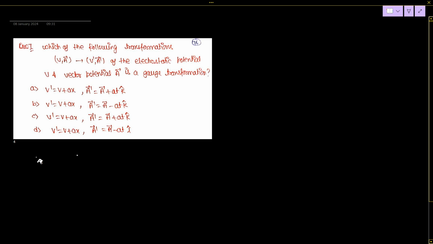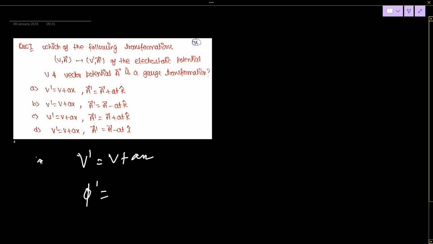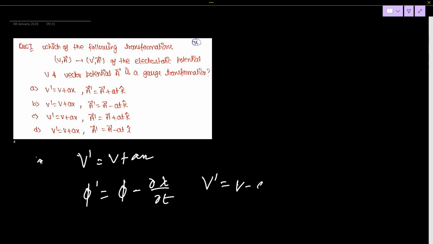So V dash is equal to what? V plus AX, isn't it? V dash is equal to V plus AX. So we know potential is what? Potential phi minus del lambda by del t, isn't it? For scalar it is minus in the middle. So if we compare this equation, we can write also V dash is equal to V minus del lambda by del t, isn't it? Alright.